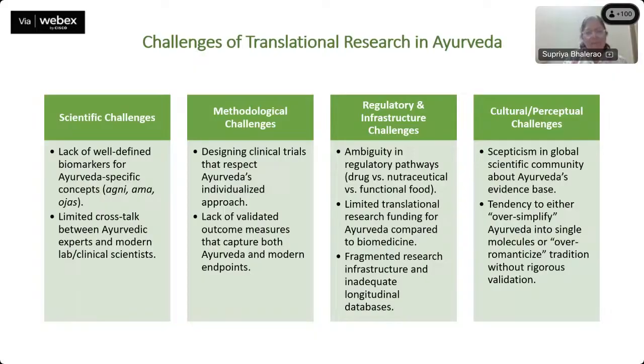Why can't we have some Ayurveda endpoints? Then the question comes that there are no validated outcome measures because no tools are available. Suppose I have to go for Samyak Vamana Lakshana, then I always have to develop my own tool. It is not validated, and I use only that, so it doesn't make much sense. We do not have many validated outcome measures available.